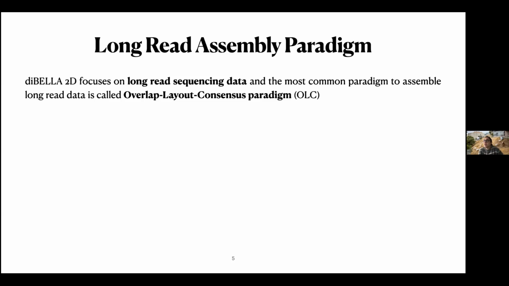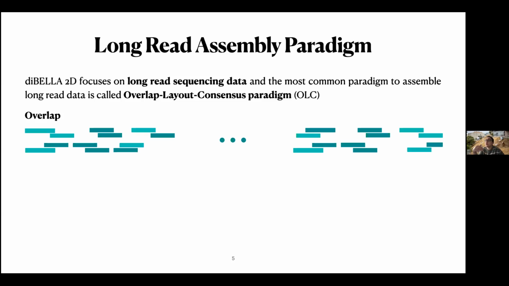And when using this kind of data, the most commonly used assembly paradigm is overlap layout consensus. This paradigm works like this: in the first step, you want to find overlaps between reads, and then we will show how we do that. But in this step, you just identify pairwise overlaps.